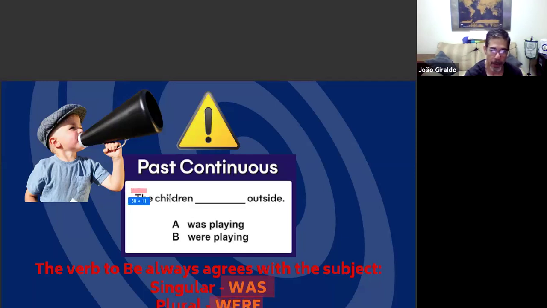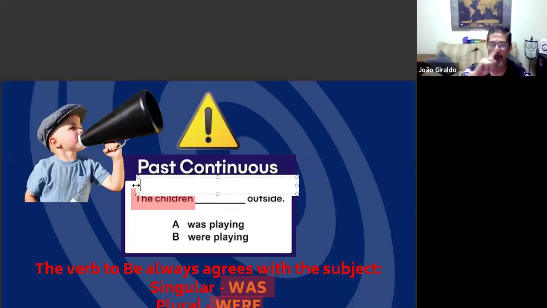Okay, so here in this case, the children. Children is singular or plural, guys? Be careful. Children is the plural of child. Don't forget, not all the plurals in English goes with the letter S. So the singular is the child.